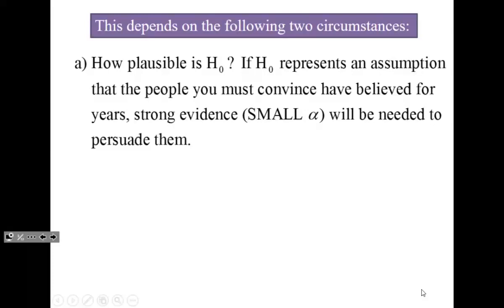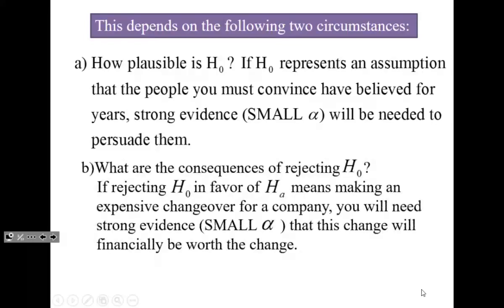To eliminate established ideas often requires a strong amount of evidence or a small alpha. The other thing is, what are the consequences of rejecting the null? If rejecting the null in favor of the alternative means making expensive changes, you need strong evidence. If the consequences are possibly life-threatening, you need very strong evidence. So this is going to help us decide on these alpha levels.